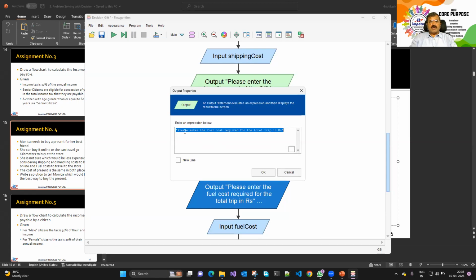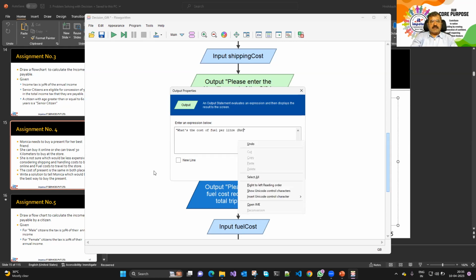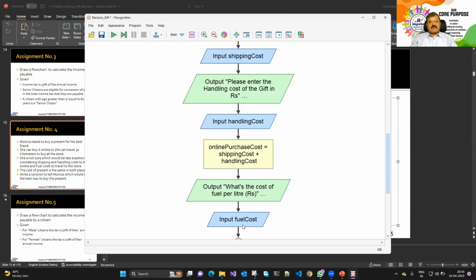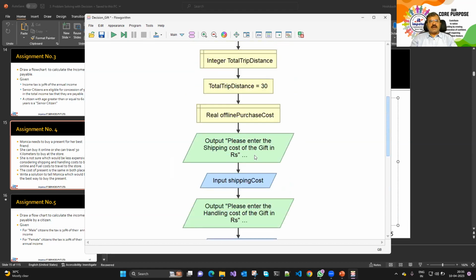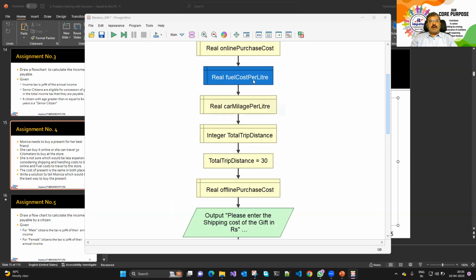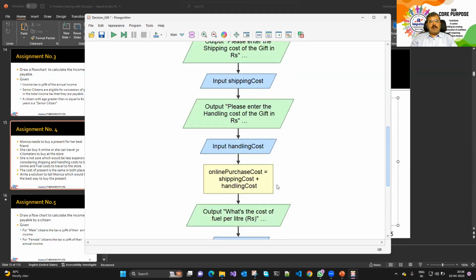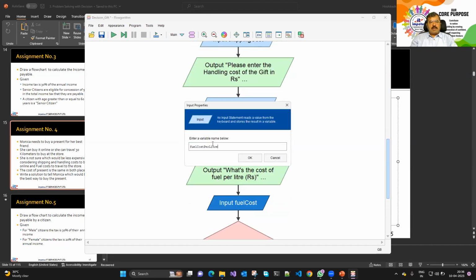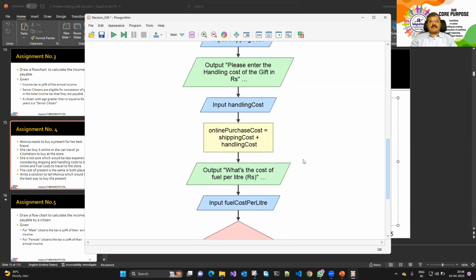Instead of that, I'll now be asking, please enter the cost of fuel per liter. That is expecting the answer in rupees, and the variable we created is fuel cost per liter.